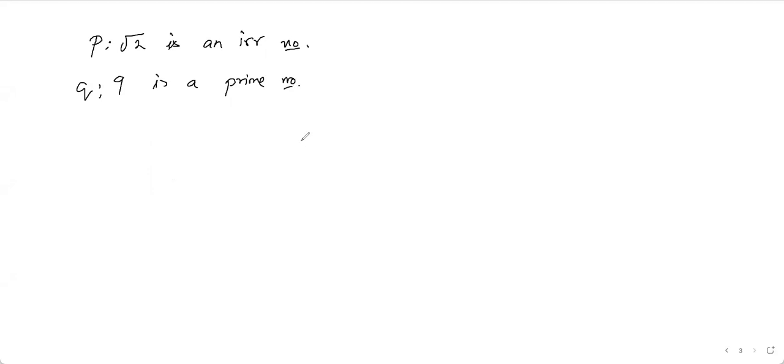Then P and Q would be: root 2 is an irrational number, which is true, and 9 is a prime number, which is false.